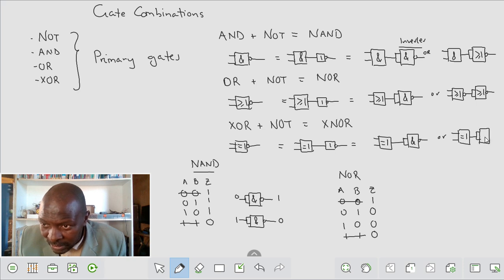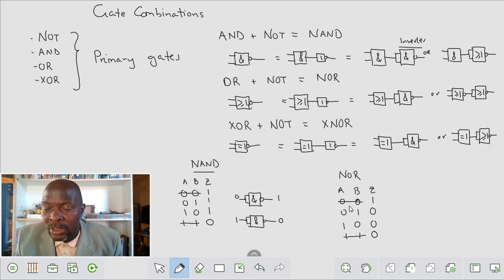It's not sufficient to say AND, one input; NAND, one input, or NOR, one input. These work basically as inverters.